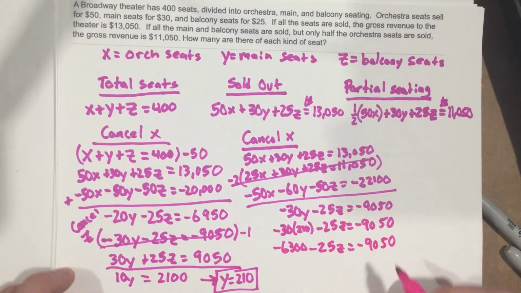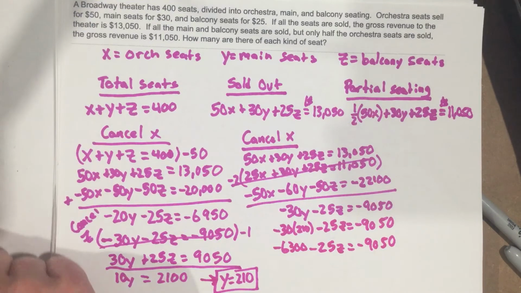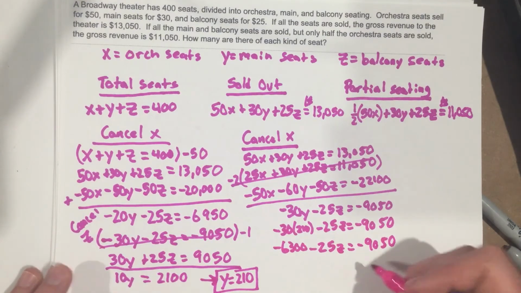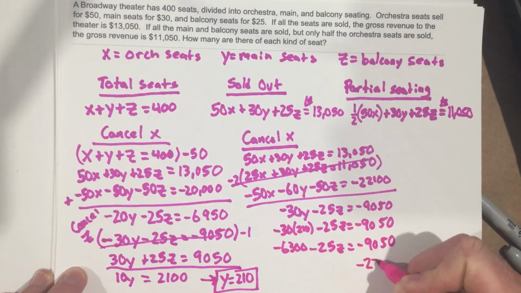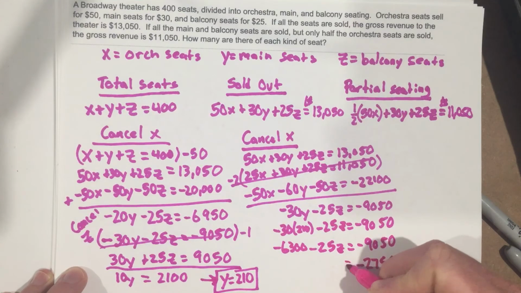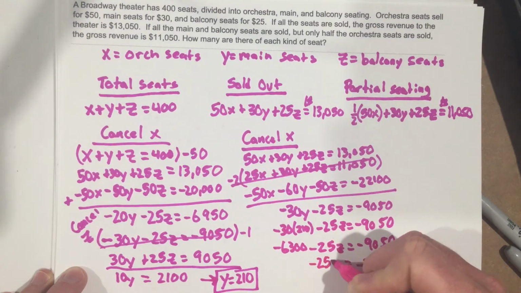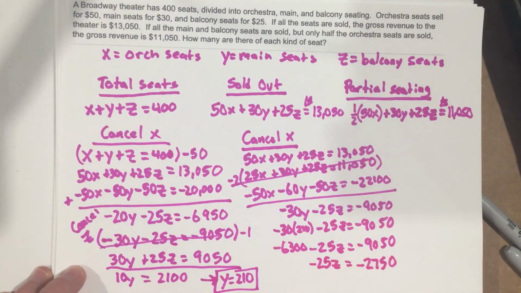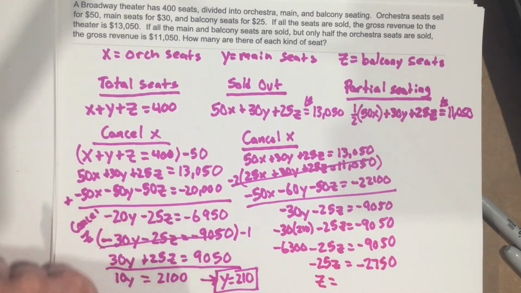Add this over. We had negative 2,750. So we have negative 25Z equal that. Divide by negative 25 and Z is going to equal 110.